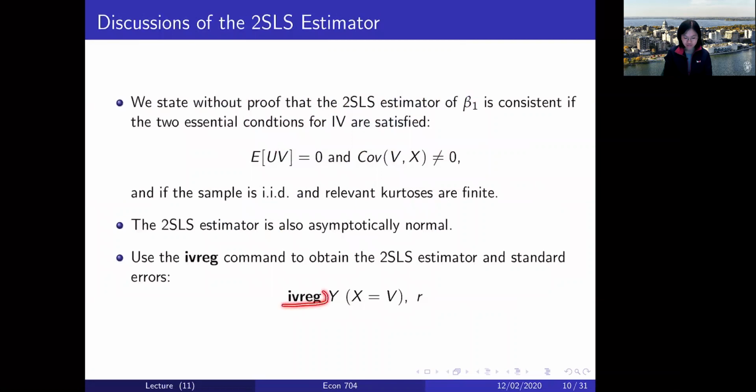Instead, you can use the ivregress command, which gets you the right estimator as well as the right standard error. And the ivregress command is quite simple too. You tell Stata y is the dependent variable, x is the causal variable, and v is the instrumental variable. Of course, you also want the robust standard error option.